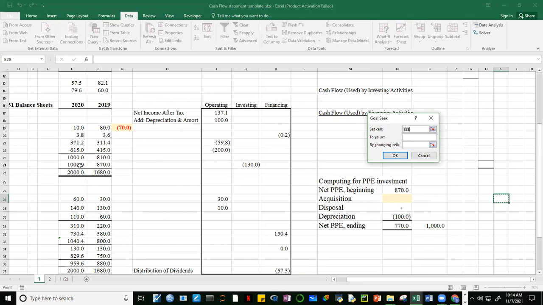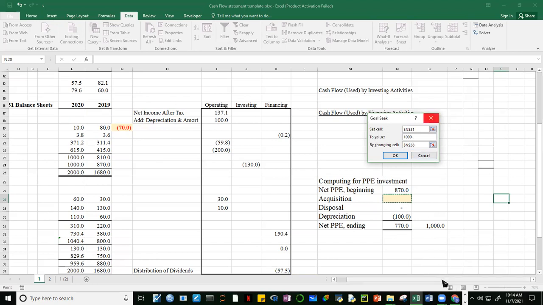So set this cell to what value? 1,000, so we type 1,000 there, by changing this acquisition. We have to link this. Excel will look for the value so that the net PPE at the end becomes 1,000.